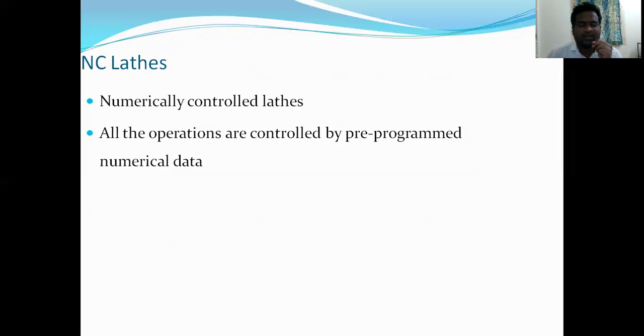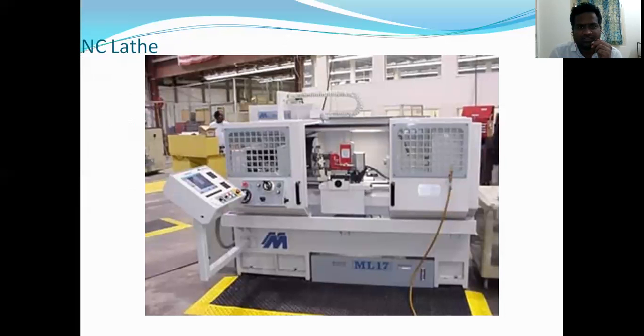That will be clearly discussed in our further studies. For now, we introduce that in these lathes all the operations are controlled by pre-programmed numerical data, and the data is stored in the form of punched tapes. So this is the NC lathe.